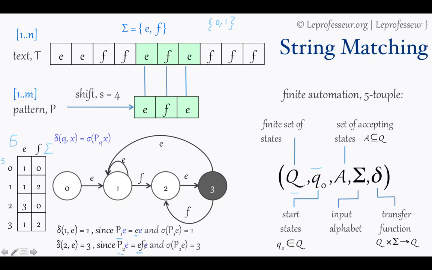So delta of P2 E, which is EFE, is equal to 3. We move on to state 3. These are certain notations which are given in the textbook, and this is just a simple explanation of them. All right. Nevertheless, it's a very fantastic class of algorithms, and very simple algorithms.